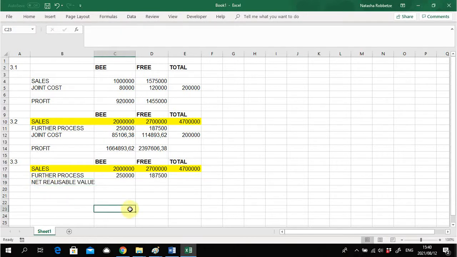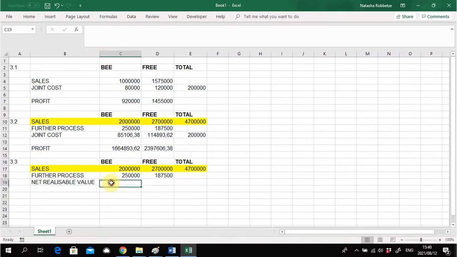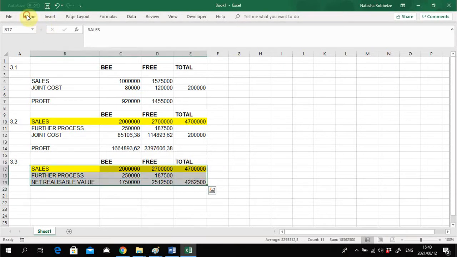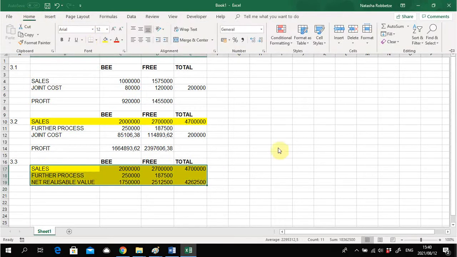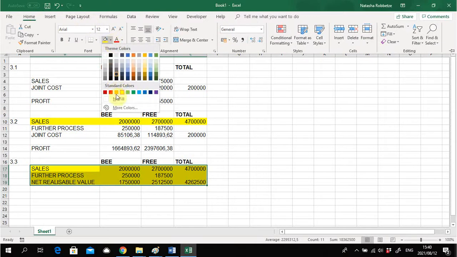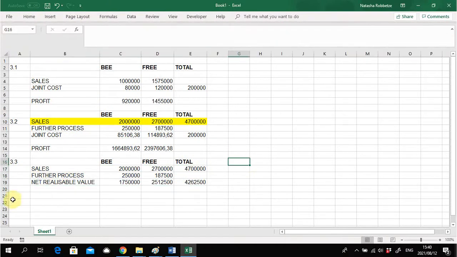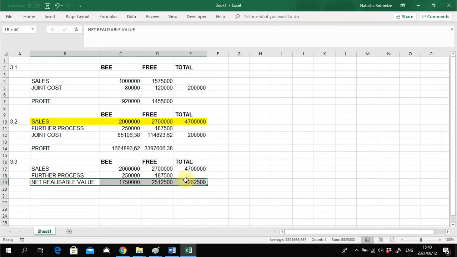And that is the difference between the sales and the further processing cost. And we need to get to the total because this amount is going to be our weighing. So I'm just going to now highlight in yellow the weighing factor.